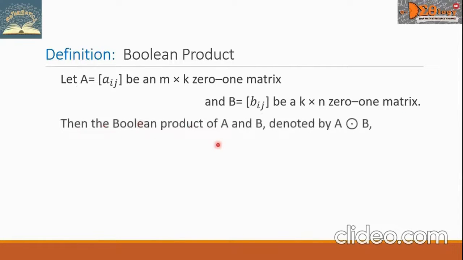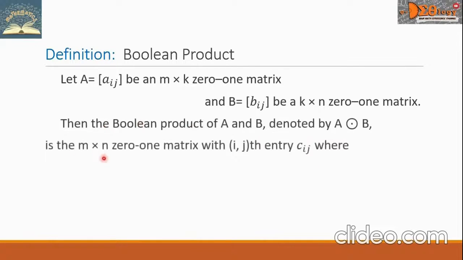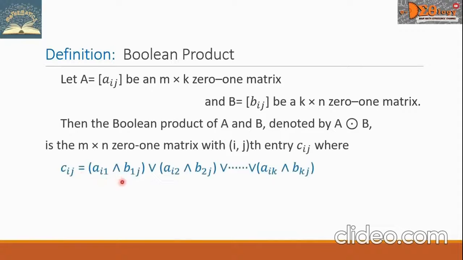Then the Boolean product of A and B, denoted by this symbol, is the m by n 0-1 matrix with ij entry c sub ij, where c sub ij equals the operation a sub i1 AND b sub 1j, OR the operation a sub i2 AND b sub 2j, OR up to the operation a sub ik AND b sub kj.